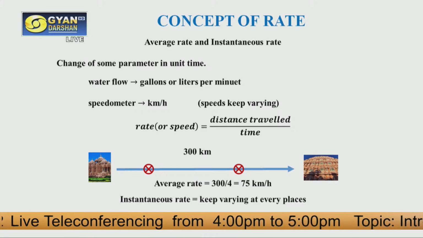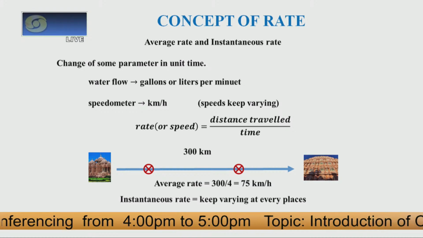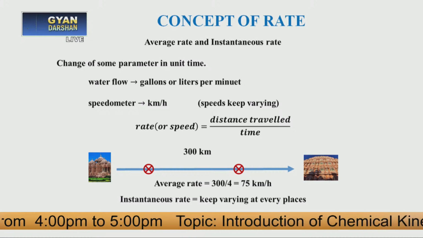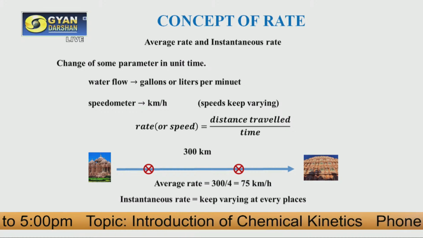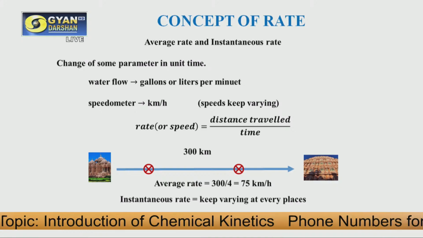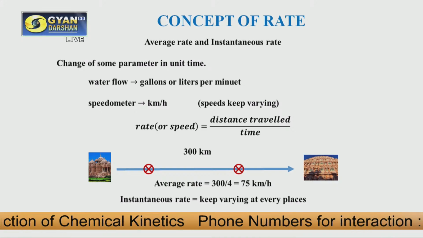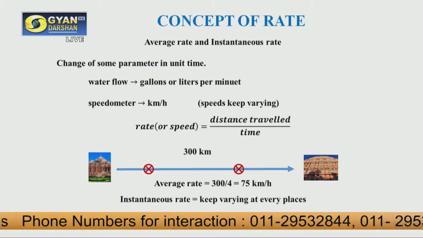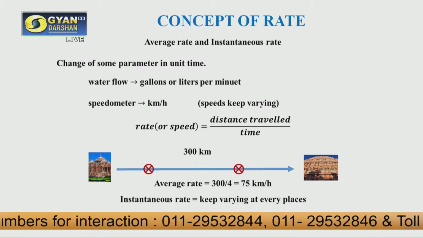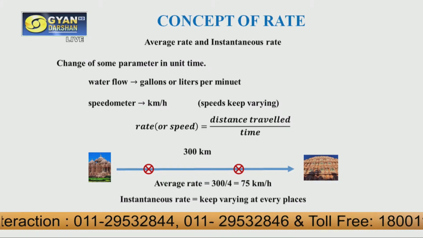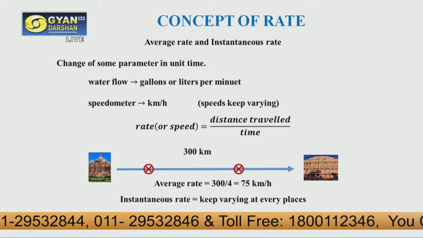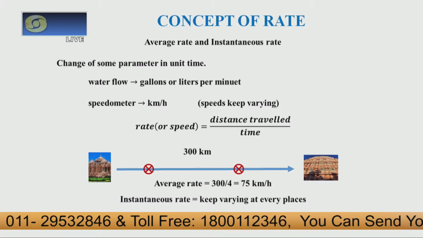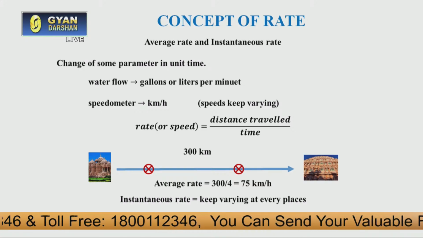At place A my speed was x kilometer per hour, and at place B my speed was this much kilometer per hour. This speed keeps varying. Whatever the speedometer gives, it is just the speed, and it keeps varying. So how can we calculate the rate or the speed?